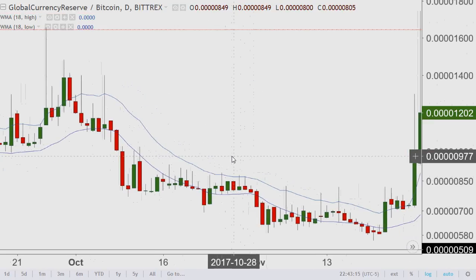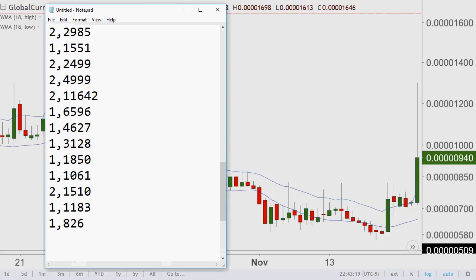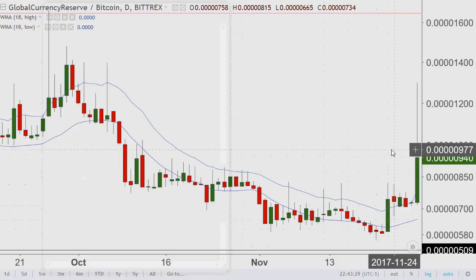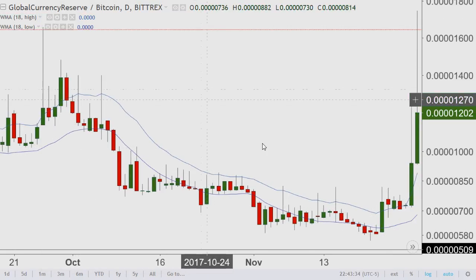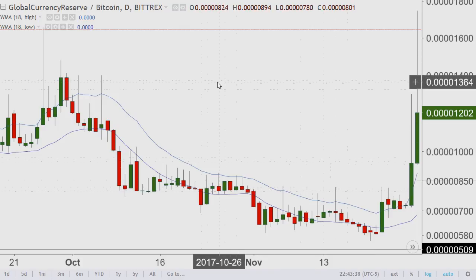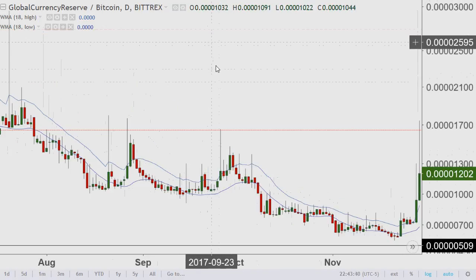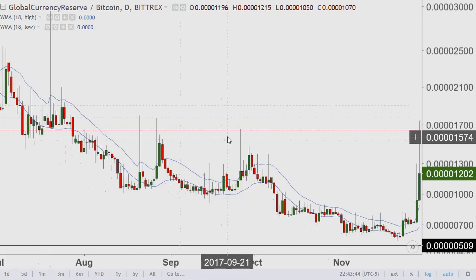Okay, so this is 940. It pierced up above here, so I'm not going to take it, although, yeah, I probably would. I know it doesn't happen, but I'd be looking to buy back. Now, after this, I would probably have had a sell order in, well, it'll be below this previous high in here.